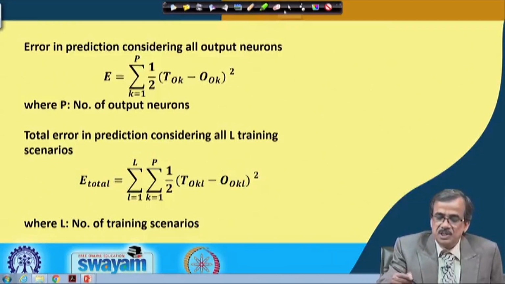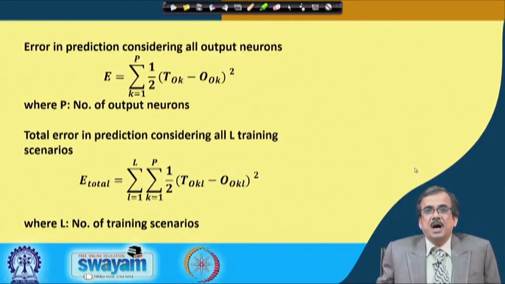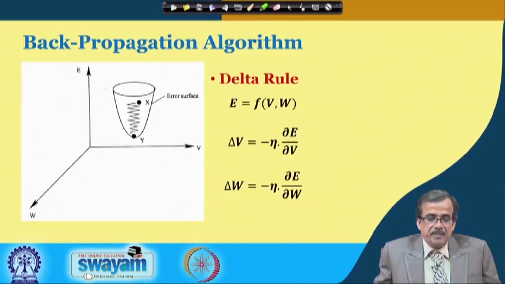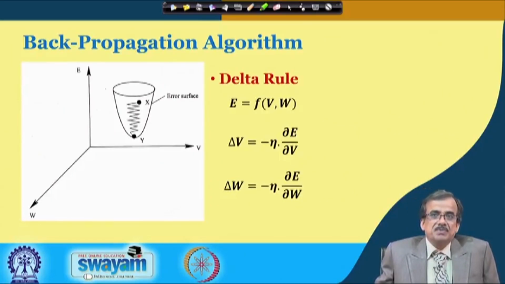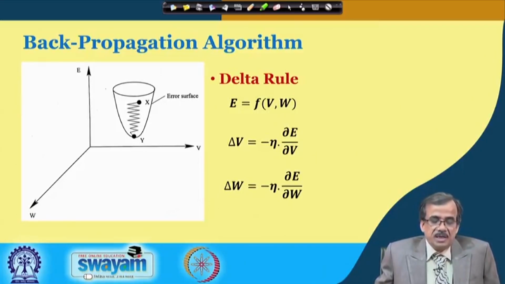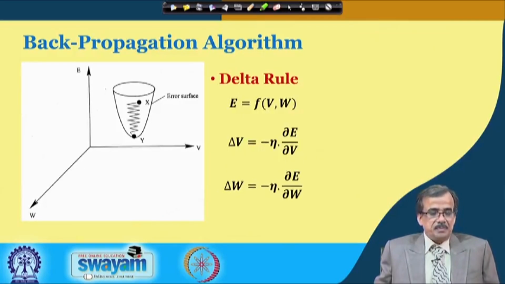Once you have got this picture, we are in a position to see how to propagate it back, so that we can modify the connecting weights and the coefficients of the transfer function, so that the network can make predictions as accurately as possible.